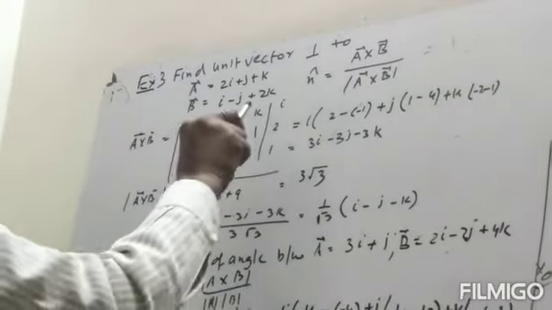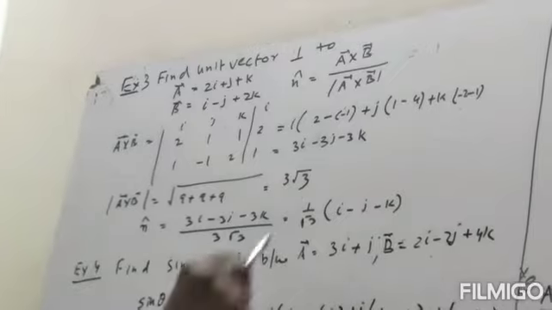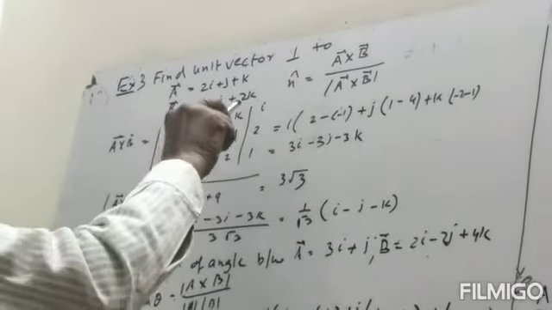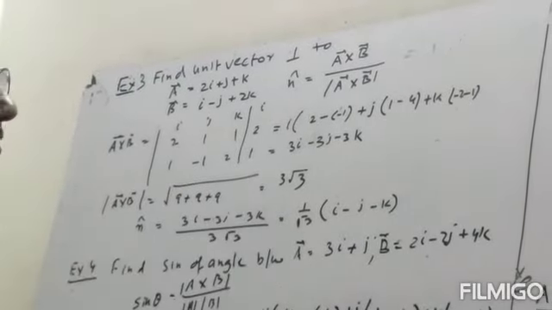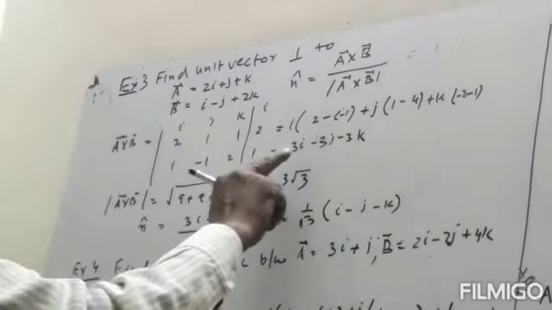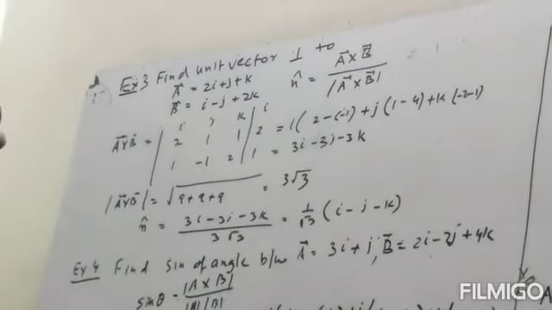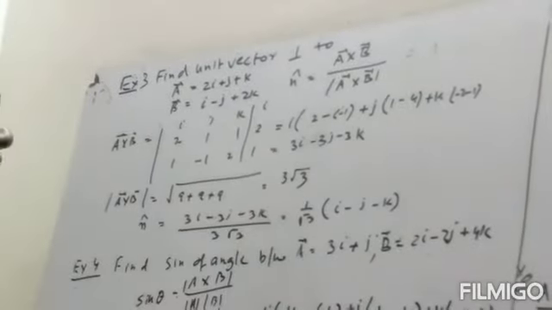Here j times (1 minus 6), and k times (minus 2 minus 1). So this will be equal to 3i minus 3j minus 3k. This will be the A cross B.